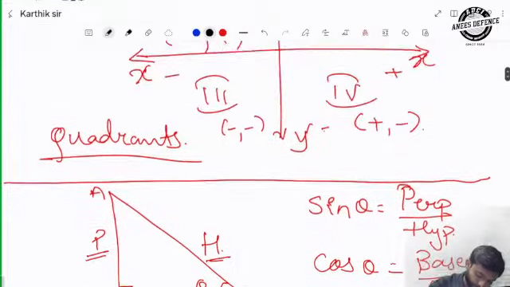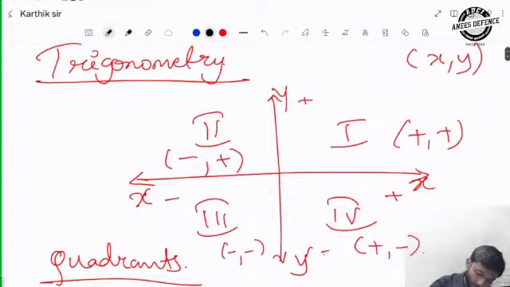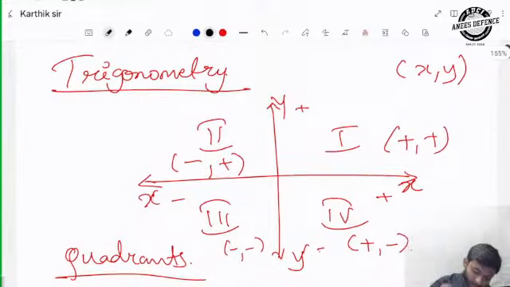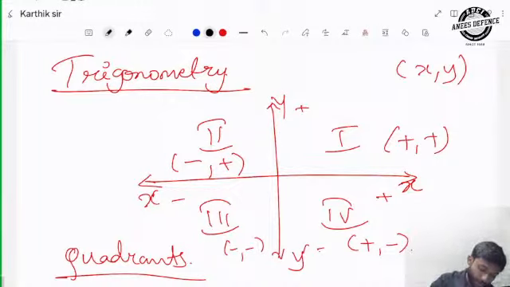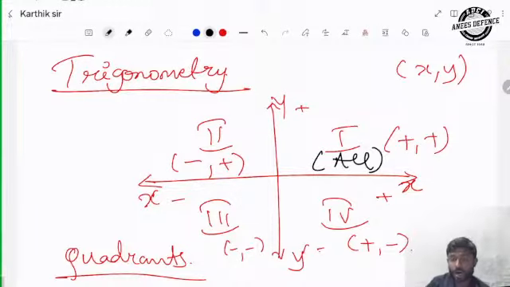Now if we go to the quadrants again, let me tell you one thing. All the formulas and ratios that we saw were of the first quadrant. So remember one thing: all the values are positive in the first quadrant.